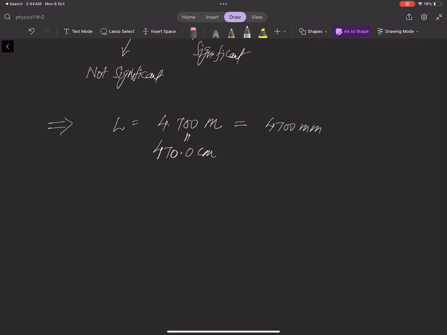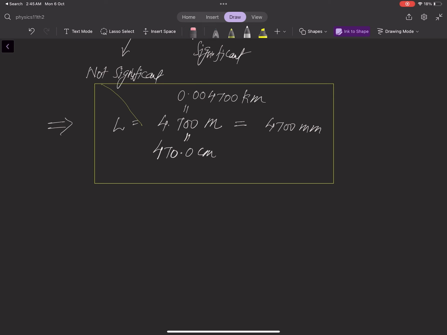It can also be written as 0.00470 kilometer. Now let us check how many significant digits are there in each of these lengths which are shown in different units.